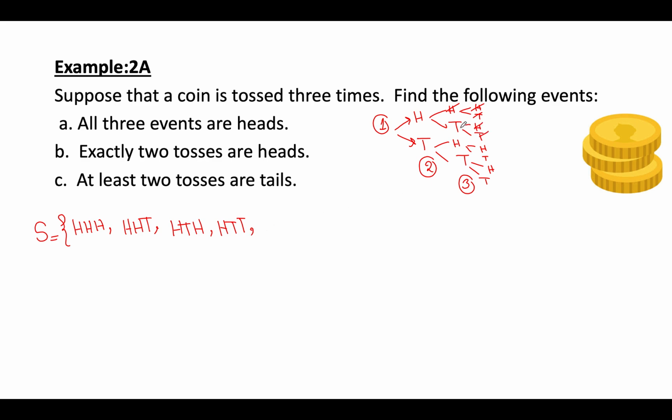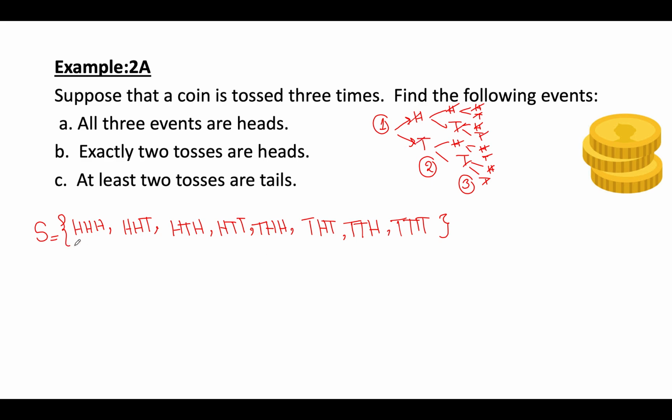So we're done with this subtree and done with head. Then it might be tail, head, head, or tail, head, tail. It's really important you go one by one so you won't forget any possible outcome. Then it might be tail, tail, head, or tail, tail, tail. And we are done with all possible outcomes.